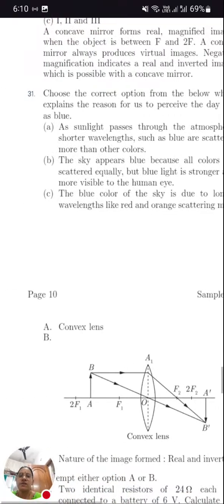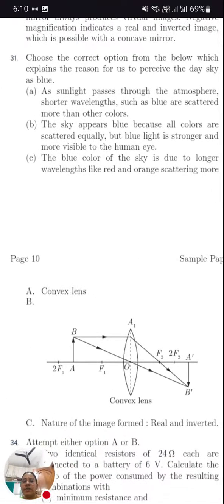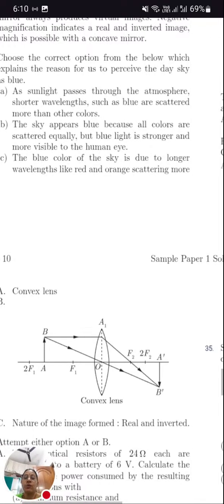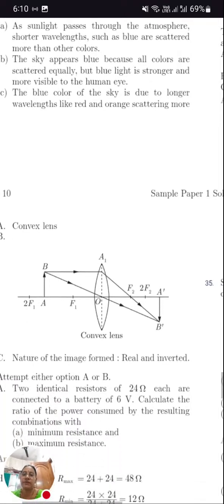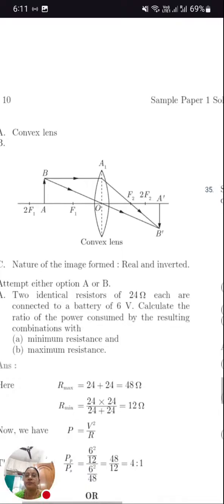So for the convex lens, they considered it in between F1 and 2F2, the center of curvature. If it is in between F and 2F2, the image will form behind 2F2, and it is real and inverted.